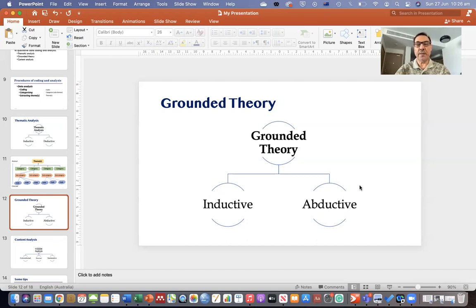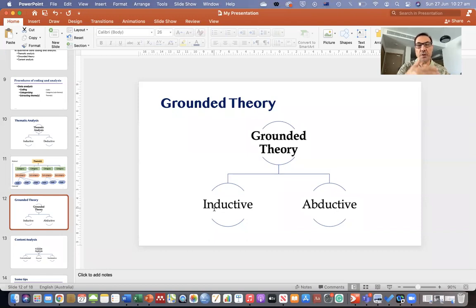There is a particular procedure called constant comparative analysis, which can be represented differently from an inductive perspective and an abductive perspective. When constant comparative analysis is used in an inductive approach, it means that you collect some data, you analyze it, and then you find some gaps. And therefore, again, you go for further data collection in order to fill those gaps.